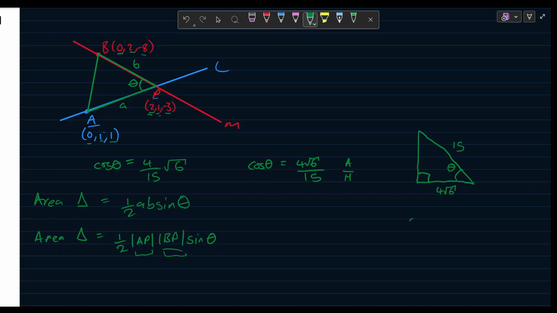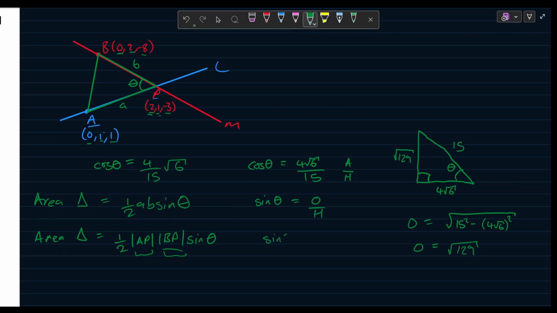Using Pythagoras, we can say that the opposite is going to be the square root of our hypotenuse squared minus 4 root 6 squared. And so our opposite is the square root of 15 squared minus 4 root 6 squared, and this is root 129. So this here is root 129. We know that sine theta is equal to the opposite over the hypotenuse.